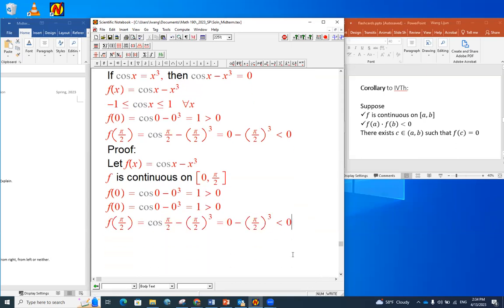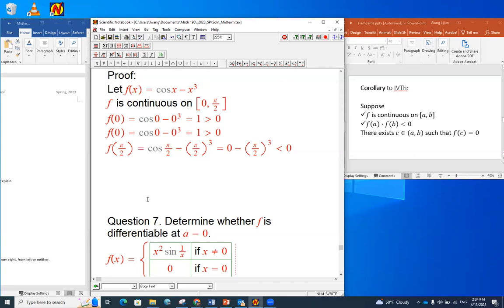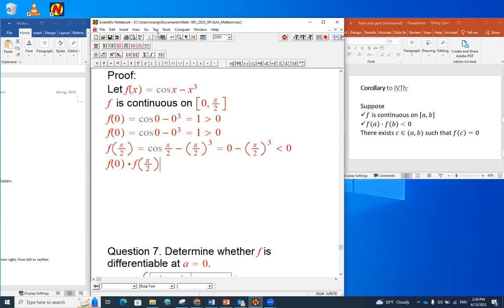The interval I created here is not unique. So you're basically quoting the theorem. Do you need to mention f of a times f of b is less than 0? You don't have to, because you already have it. But if you put it there, that's fine. It doesn't hurt.